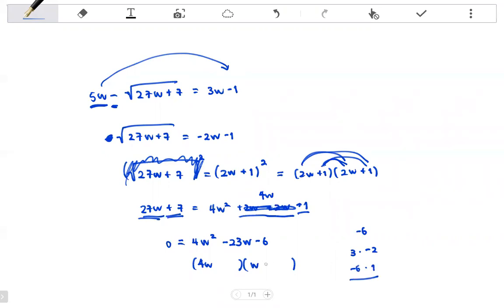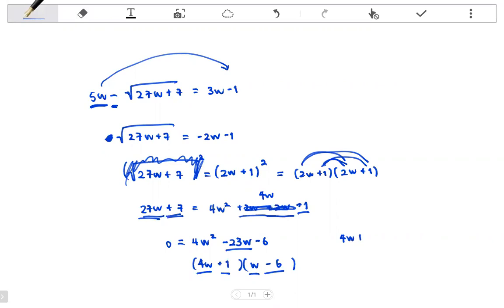It's -6 times 1, -6 here, and +1 here, because if we multiply -6 times 4w, we get -24, and +1 with w is +1. So we get a middle term of -23, which is what we want. So -6 and 1 is correct in this case. And so we factored into these two binomials.